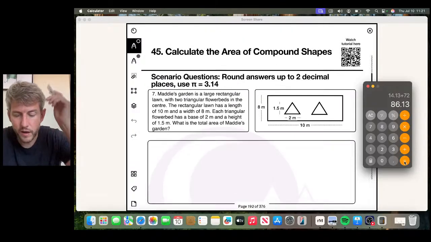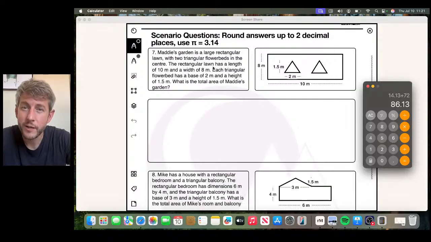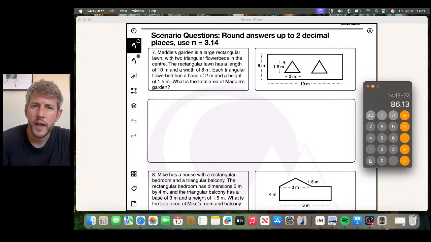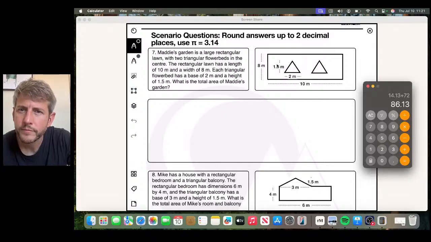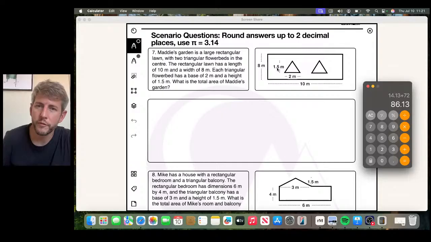Right, Maddie's garden is a large rectangular lawn with 2 triangular flower beds in the centre. The rectangular lawn has a length of 10 metres and a width of 8 metres. Each triangular flower bed has a base of 2 metres and a height of 1.5 metres.